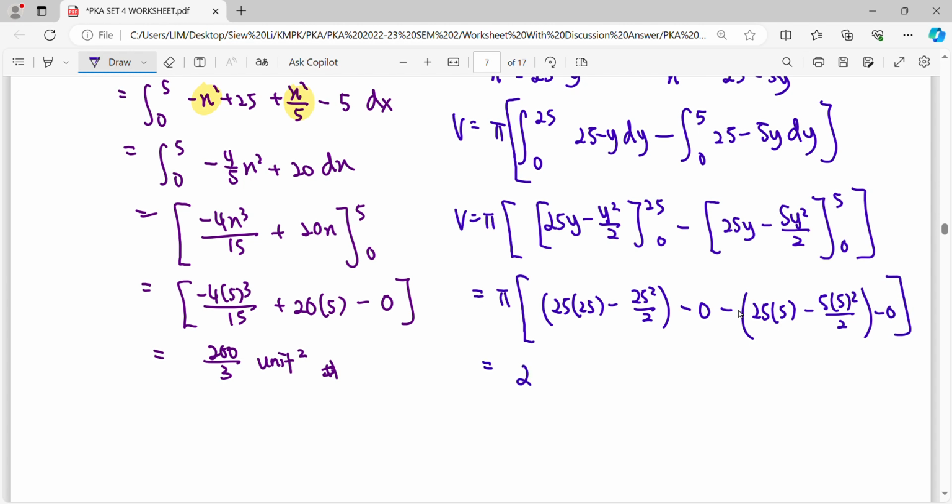So we can get here 200 pi unit cube for volume. Writing mistake, 250 pi unit cube. That's all for this.